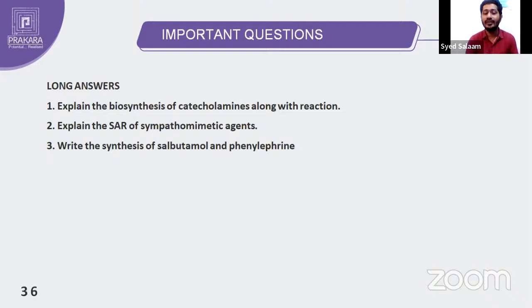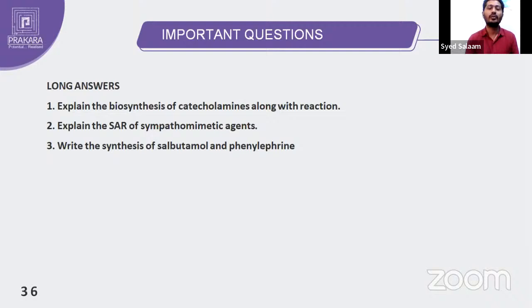Next, SAR of sympathomimetics. Just now we have discussed, so that SAR will be asked. Next, synthesis and uses of salbutamol and phenylephrine. Individually, they might be asking. If they are asking for a long answer, they would be asking together. But mostly, one by one, they might be asking the synthesis of salbutamol and the synthesis of phenylephrine.